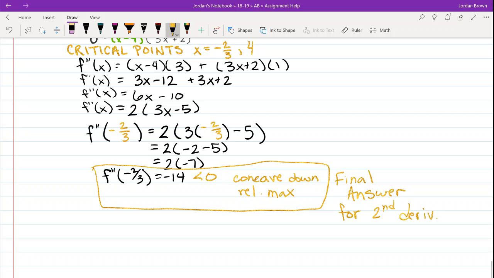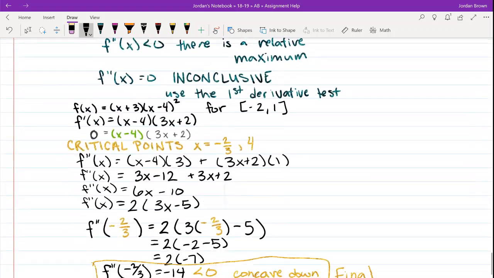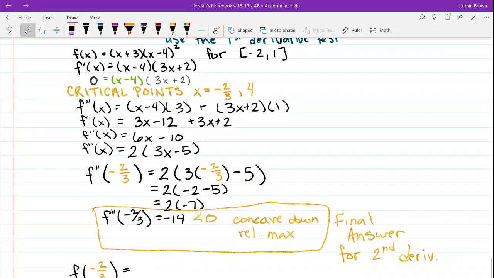Oh, if it were to ask for the point. So if it asks for the point, we now know that this is a relative max because we've checked it both ways. So if it asks for the point, all you do is go to the original function and put in that value. In this case, we're going to have -2/3 plus 3 and -2/3 minus 4 squared.